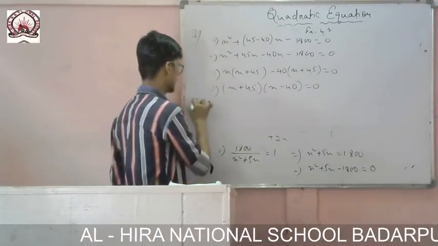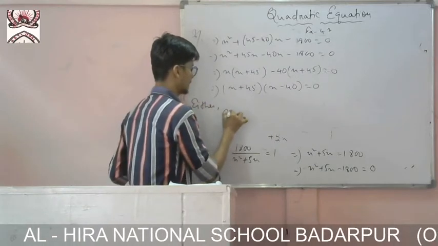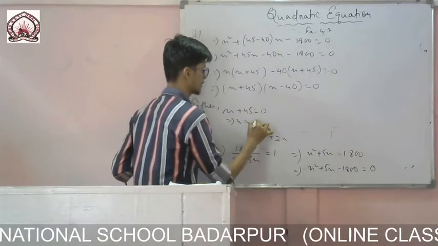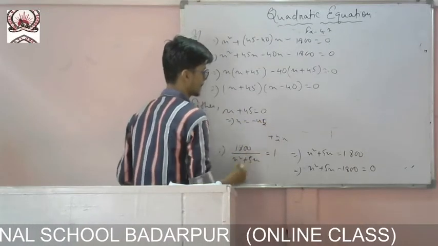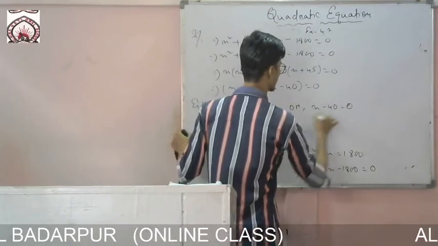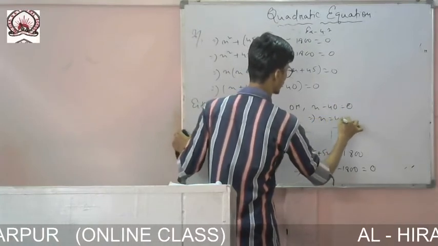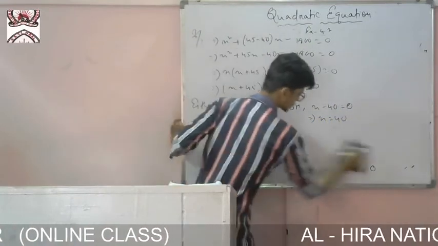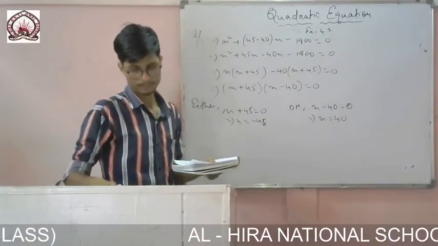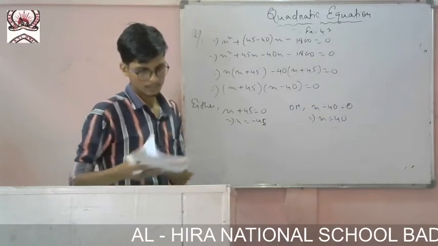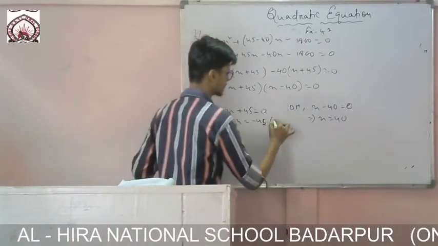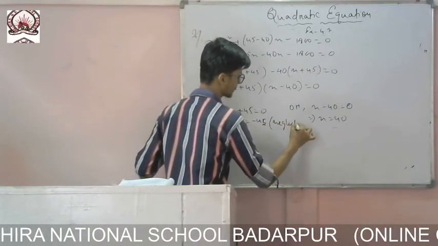So that means either x plus 45 equals 0, that is x equals minus 45, or x minus 40 equals 0, that is x equals 40. The speed cannot be negative, so minus 45 is neglected.